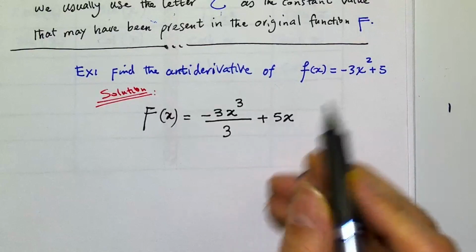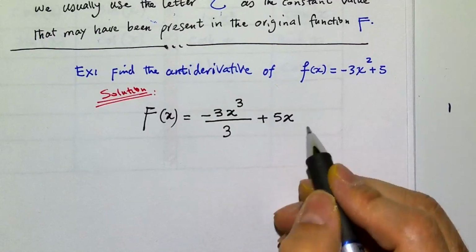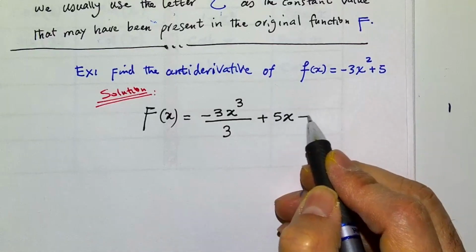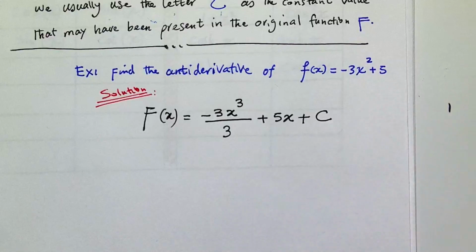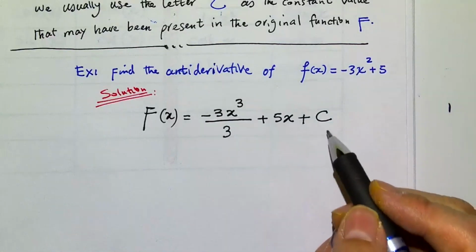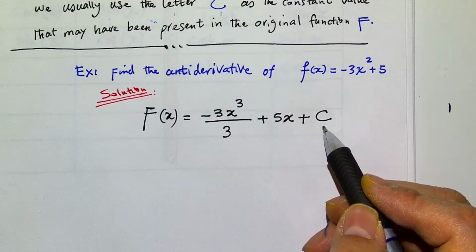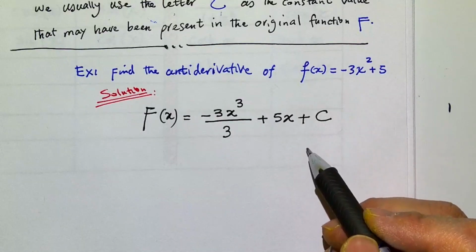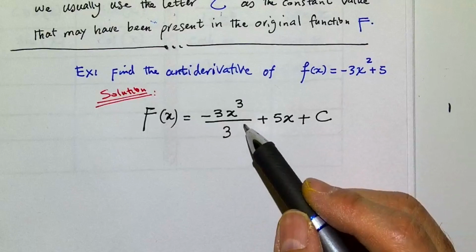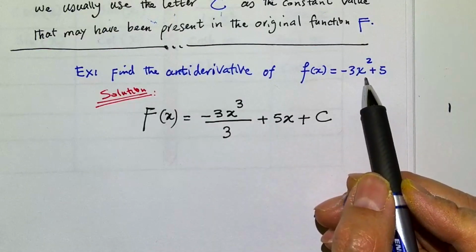Because the derivative of 5x is 5, so we know we must have had 5x, and then plus any constant that we may have had there. You can name this constant anything, D, capital E, but usually in books and such, we just replace that with a C. So this is the antiderivative of that. In other words, this is the function from which that derivative came from.